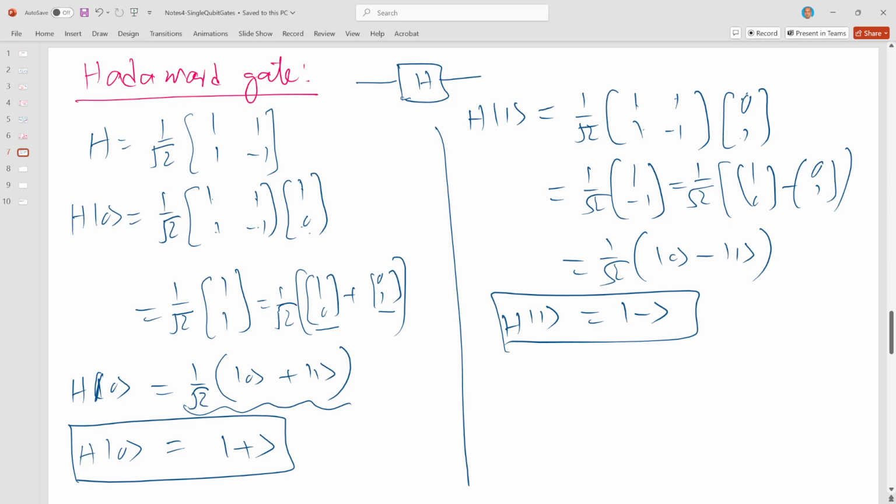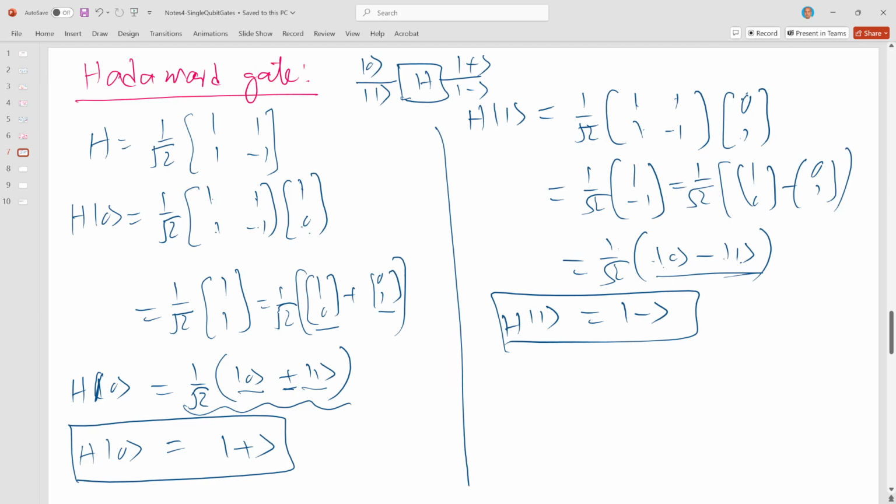So basically what is happening is that the Hadamard gate actually prepares superposition states. When the input is 0 state, the output is an equal superposition of 0 and 1 with a plus sign. And when the input is 1, the output is again an equal superposition of 0 and 1, equal because they both have coefficient 1 over square root 2, but with a minus sign. So this Hadamard gate essentially prepares the equal superposition state.